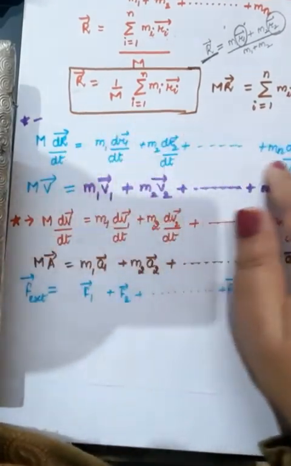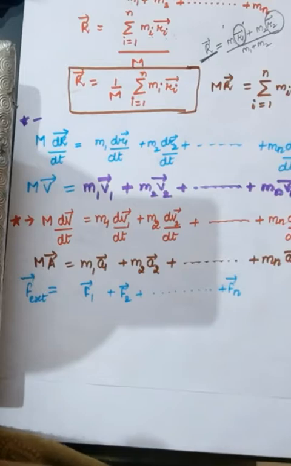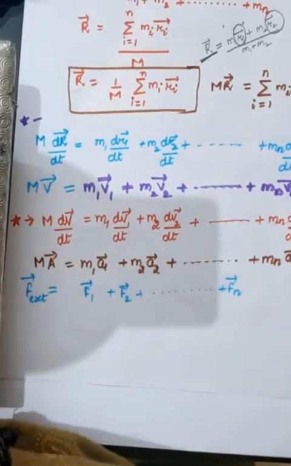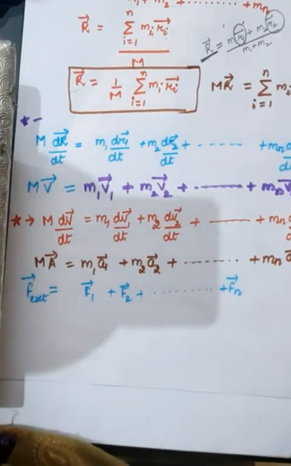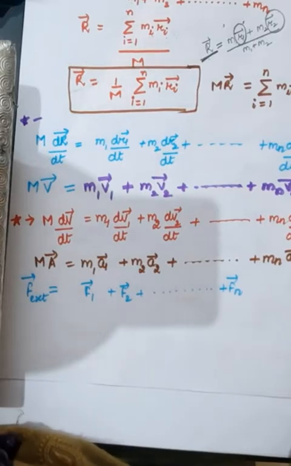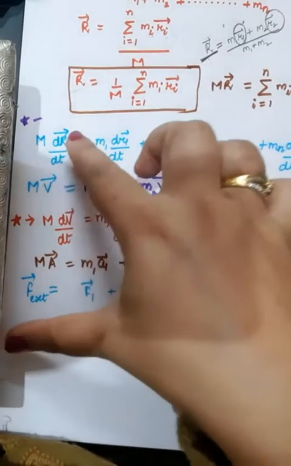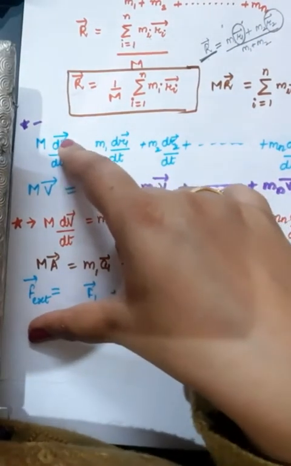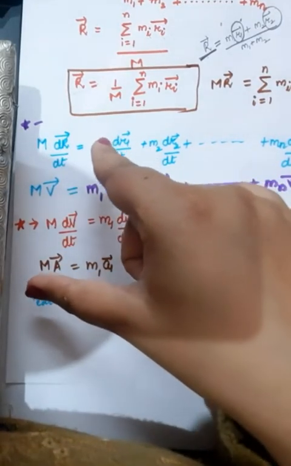And when you have differentiated both sides, you've got this equation. But this equation calls for a very important expression. We know that dR vector by dt resembles displacement per unit time, and displacement per unit time is nothing but velocity. So that's what I am going to write over here. Please notice that I am using capital letters for center of mass.